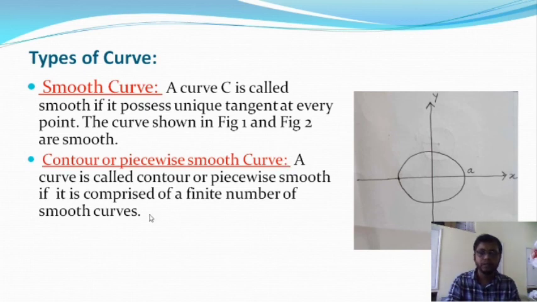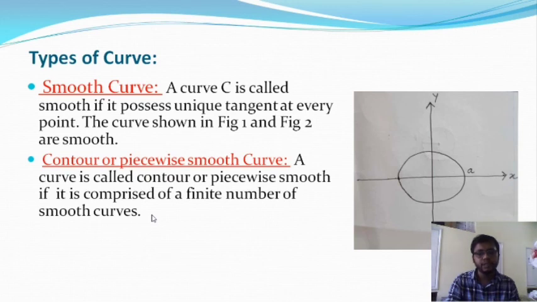For example, let ABC be any triangle. In that triangle, AB, BC and CA are the three edges. AB is a smooth curve where the beginning and end points do not coincide.